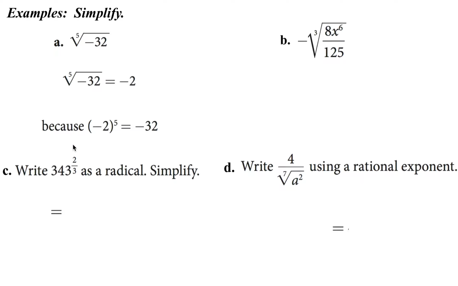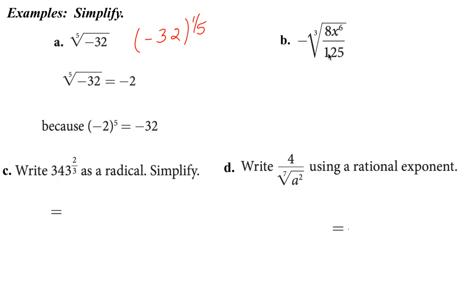And that is true because -2 raised to the fifth power gives us -32. Okay, if we were to write that in exponential form, that would be -32 in parentheses to the 1/5 power. That's what that would look like.